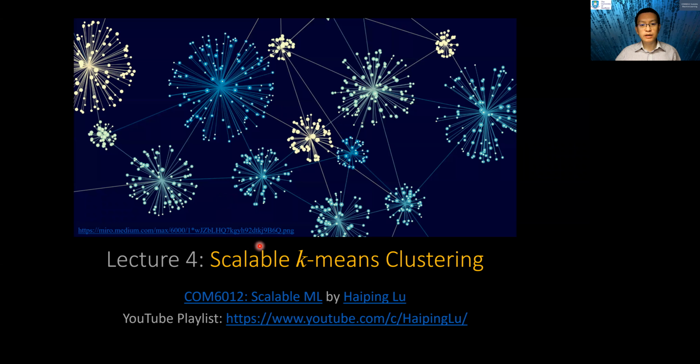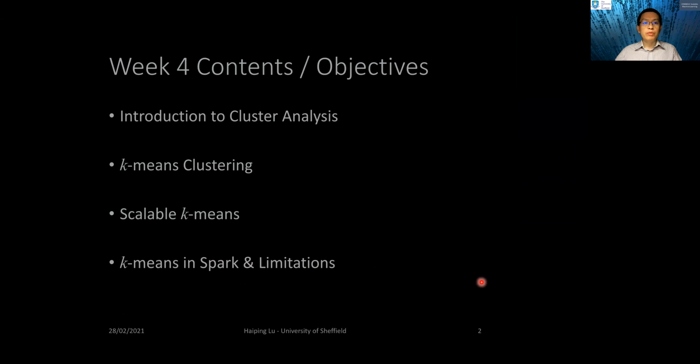So this week, we will study scalable k-means clustering. We will start with an introduction to cluster analysis in general, and then study the most popular k-means clustering in detail. We will identify the limitations of k-means clustering, and then move on to scalable versions of k-means.